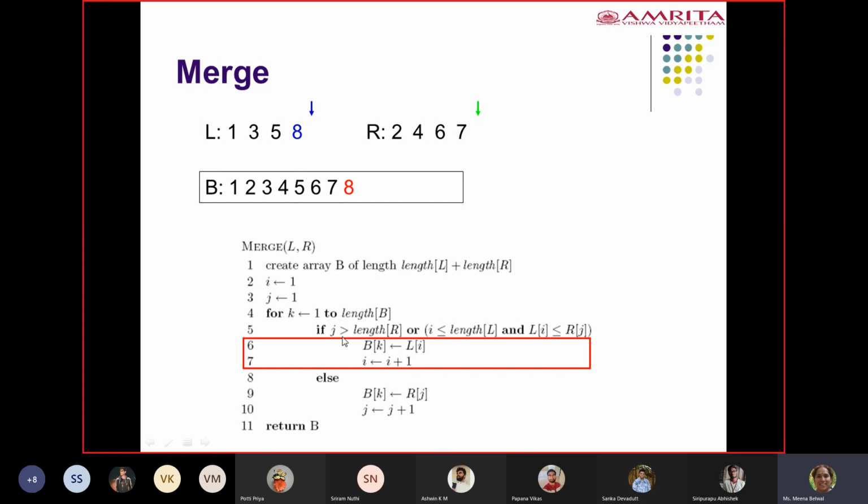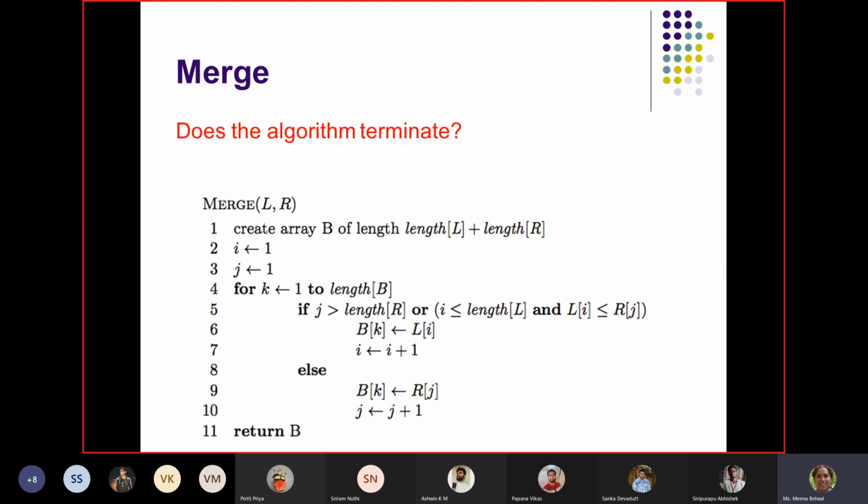So now j is greater than length of R, or i is less than length of L and L[i] is less than or equal to R[j]. So this is how the algorithm terminates.